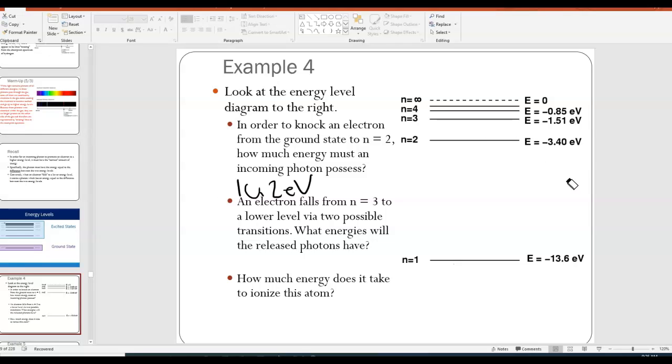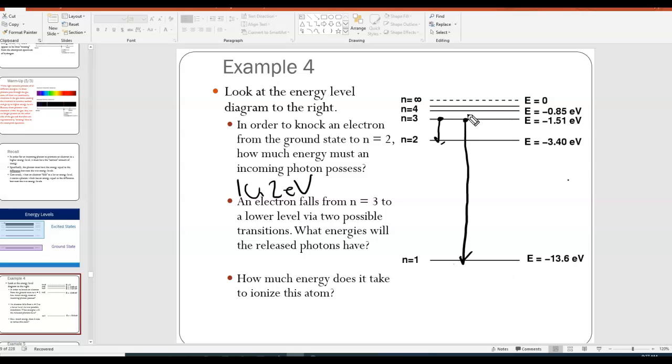The only two possibilities are that it goes from n equals 3 to n equals 2, or from n equals 3 to n equals 1. There's no way to predict which one is going to happen. It's a random type of thing. But those are the two possibilities.